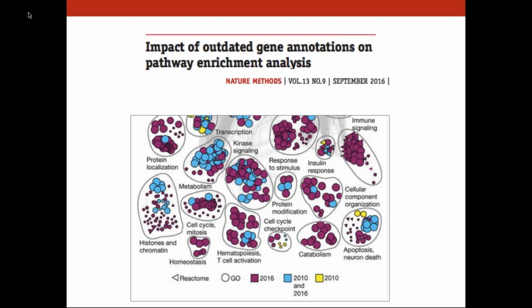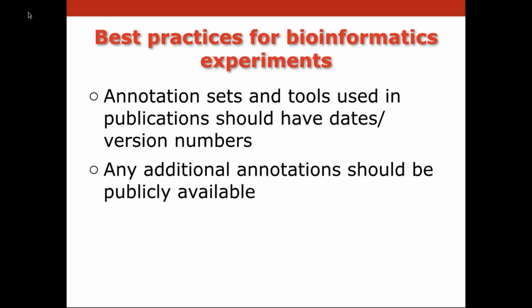So you see that there's a number of terms that differ between 2010 and now. And you also see with the purple dots that there are many terms that are now enriched that didn't used to be enriched if you use the 2010 GO data. So it's very important to know which version of the tool, which version of the data that you're using.